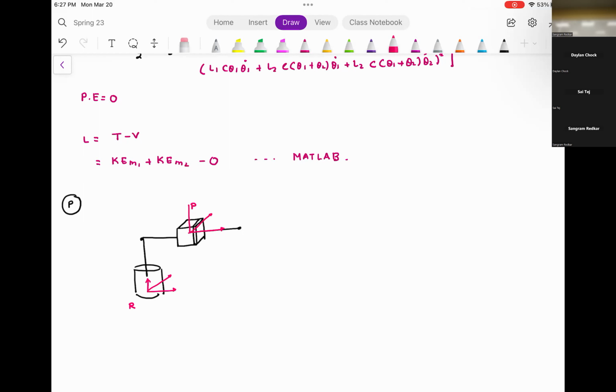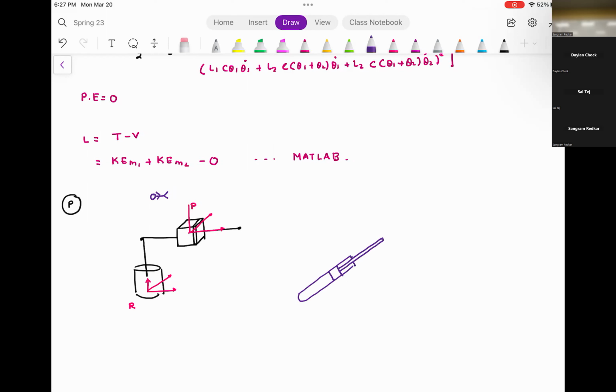What I'm going to do is, we worked out this problem, but if you look at this problem from the top, you would observe it is something like this. You have a revolute joint, and you have a prismatic joint.